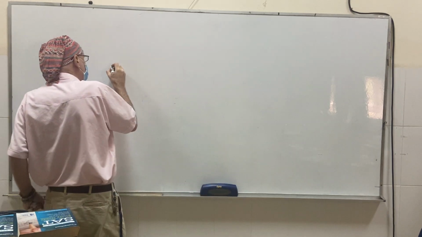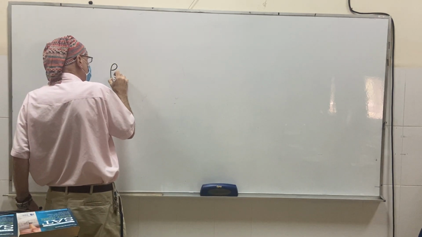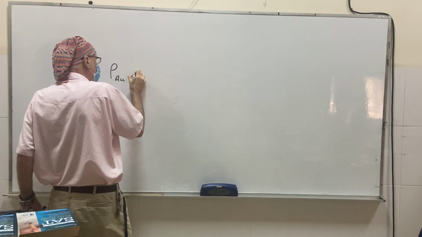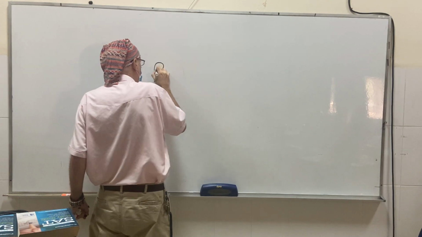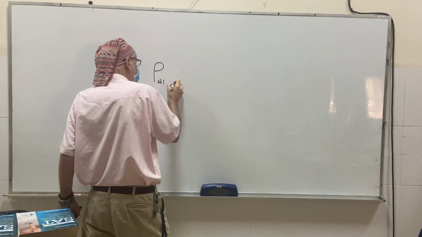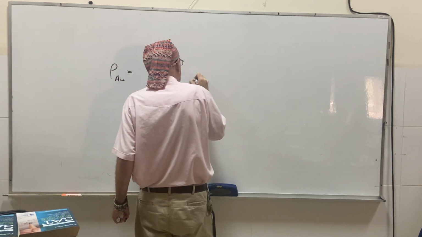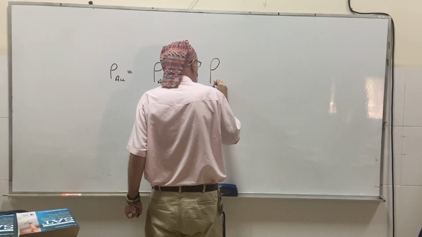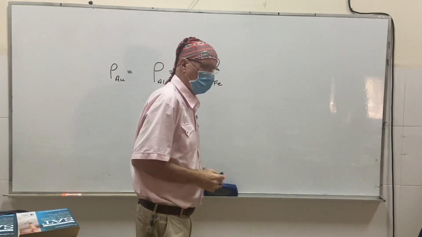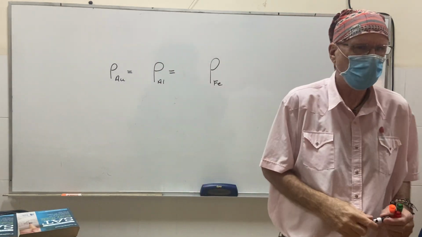Density of gold, aluminum, and iron. Three elements. What's the density? Anybody?